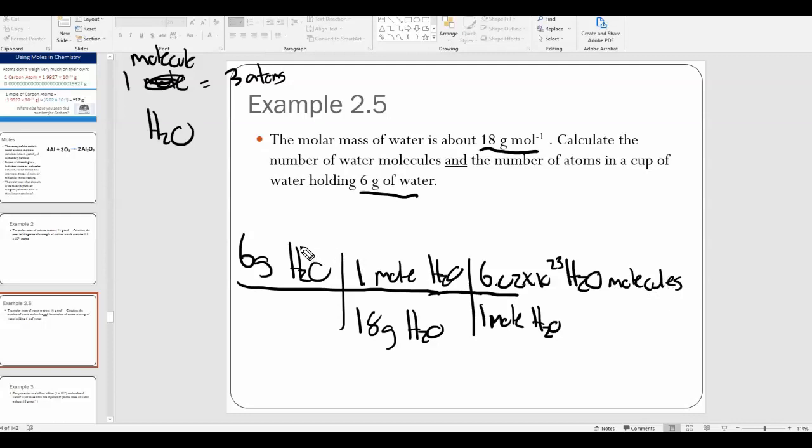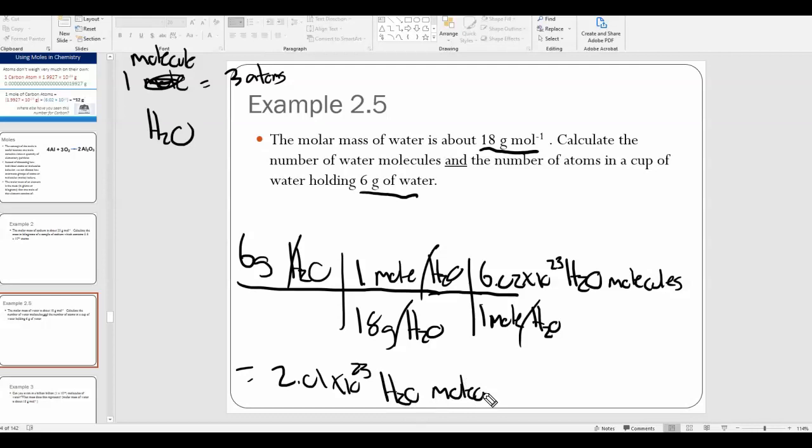And so if I do this calculation here, I will get the number of water molecules there are. And then, keeping in mind that for every 1 water molecule I have 3 atoms, I can answer both questions. So I do 6 times 6.02 times 10 to the 23, divide by 18, and I get about 2.01 times 10 to the 23 water molecules.